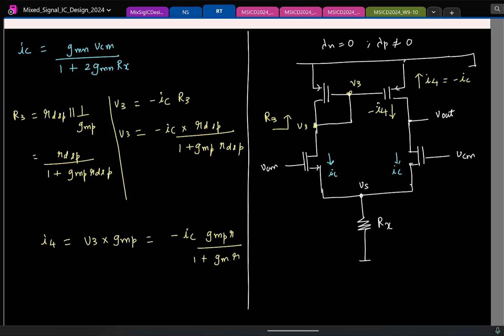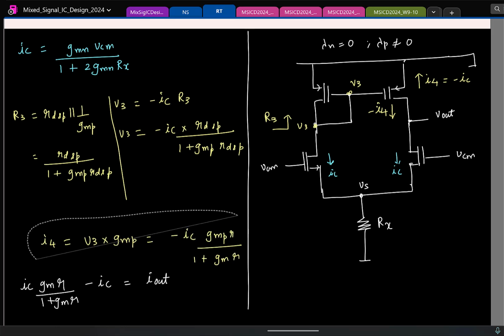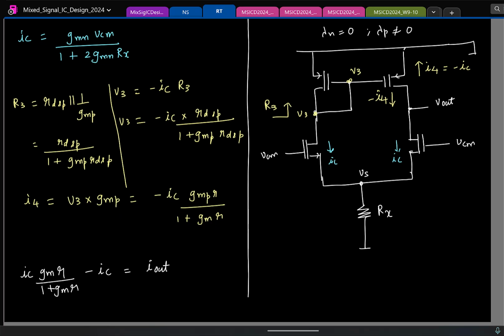So let's calculate it. How much is that? Minus I4 is IC times GMR by 1 plus GMR. Minus IC is my total output. So what is the output current now in terms of IC?